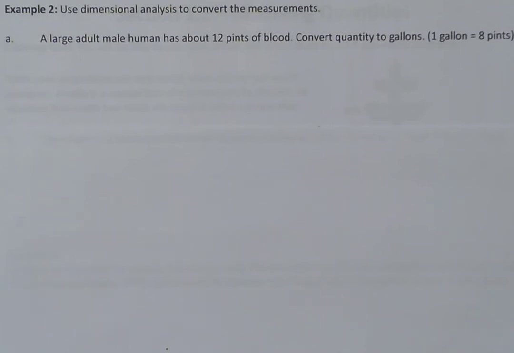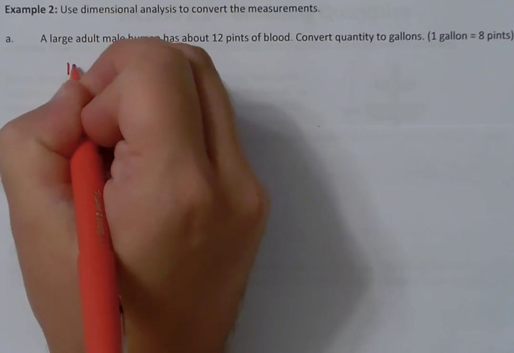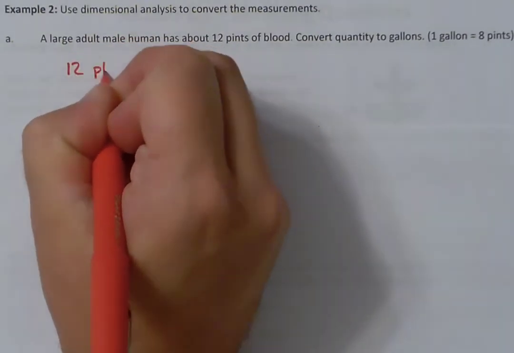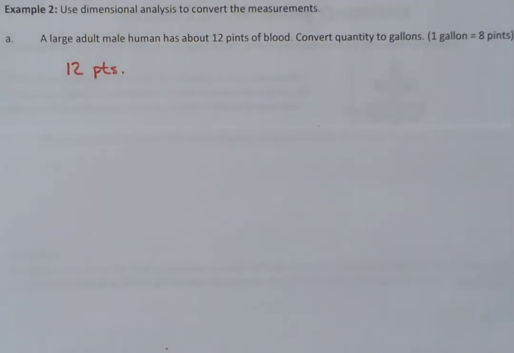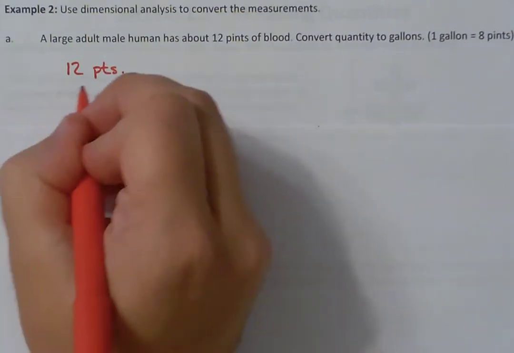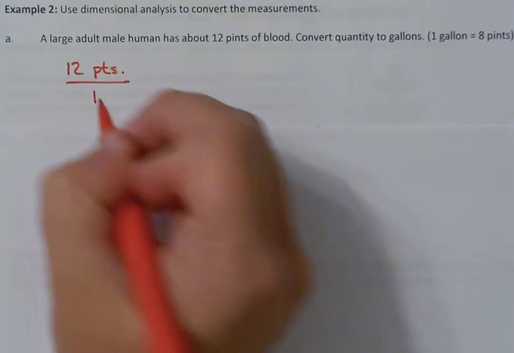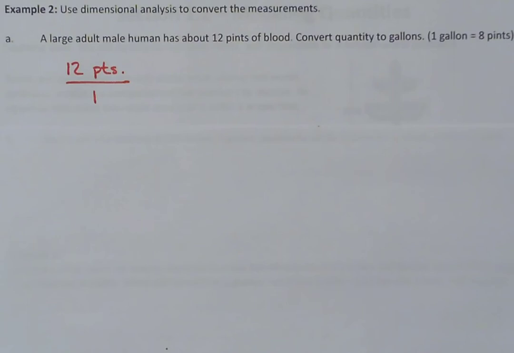So if our starting point is the fact that we have 12 pints of blood, we're going to start out with 12 pints. And to set up a fraction, because it's sometimes helpful, we're just going to put this over 1. We're not going to put a quantity for 1, we're just going to leave it as 1. Now, it wants us to convert the pints to gallons.